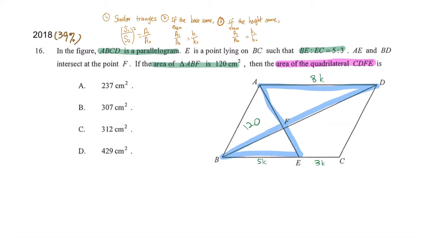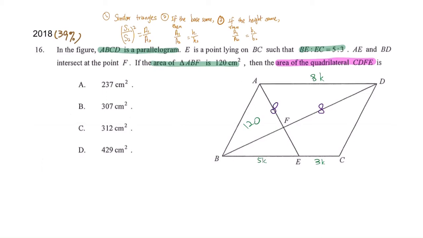In similar triangles, the actual values of each side are not the same, but the side ratios are always the same. For example, if they are 8 to 5, then the other ratios are also 8 to 5. Let's write it in a simple way. These will also be 8, 8, and these will also be 5, 5, not their actual values, just the ratio.